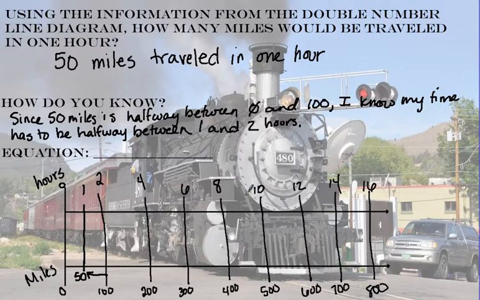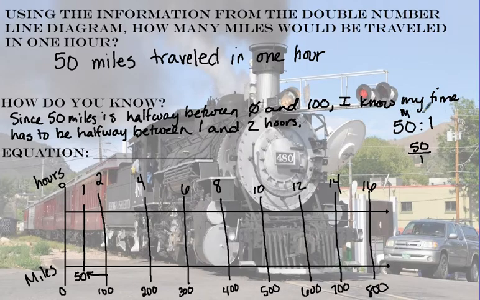We want to know, how do the time and the miles work together? So if I look here, I know that for every 50 miles that I travel, it takes me 1 hour. So I know that the value of this is 50 over 1.